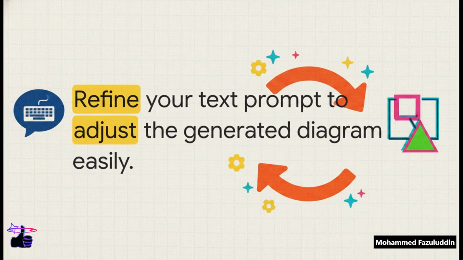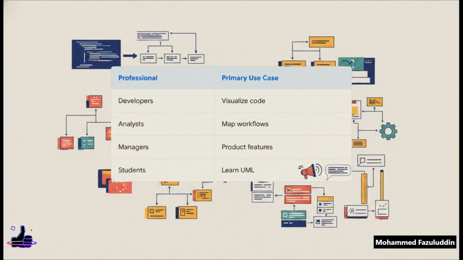Now, what's really interesting about this slide is how seamlessly ArchGPT maps to so many different professional workflows. Software developers, for instance, can visualize code architecture and document system design instantly, without totally losing their coding momentum. Business analysts can easily map out strategic business processes and requirement flows without fussing over visual formatting.